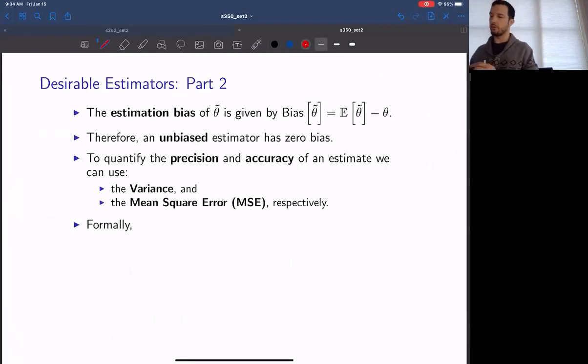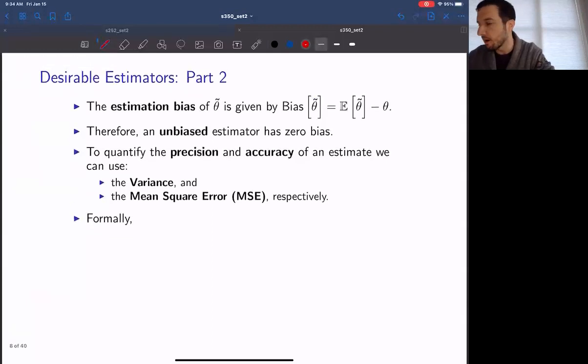All right, so the definition of a bias estimator is given on the first line of slide 15. So we have the bias of an estimator theta tilde for some population parameter theta is equal to the expected value of that estimator minus theta.